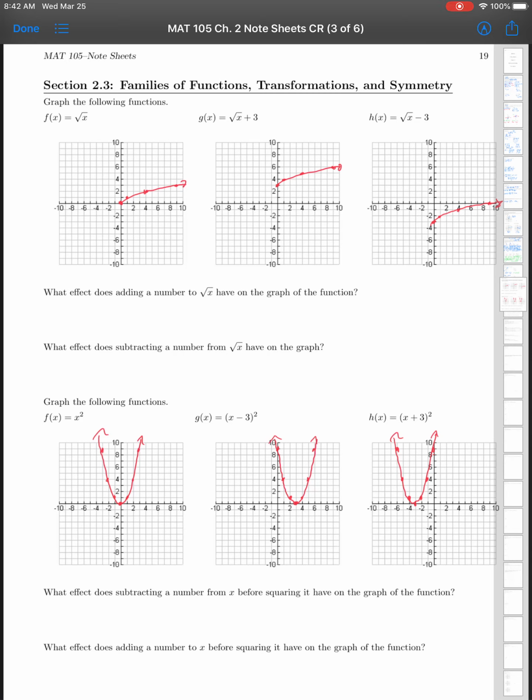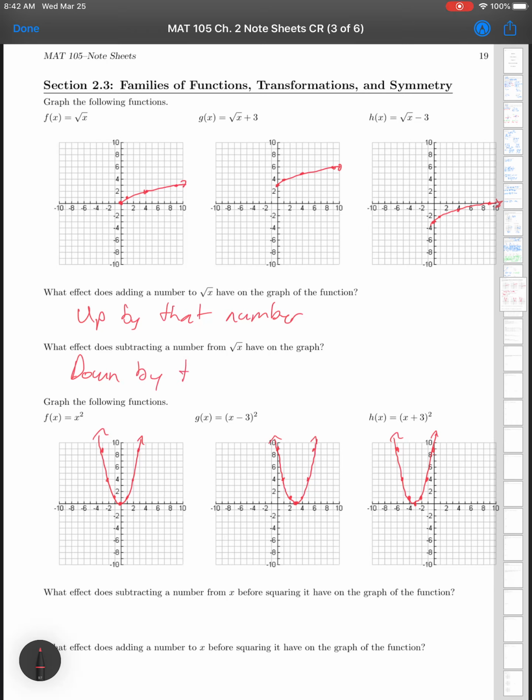So notice here, all we've done to change these three graphs is either added or subtracted 3 from the outside. So what effect does adding a number to the square root of x have to the graph? Well, what it does, as you can see, is it moves it up. So it moves the graph up by that number. Similarly, what happens if I subtract a number from the square root of x?